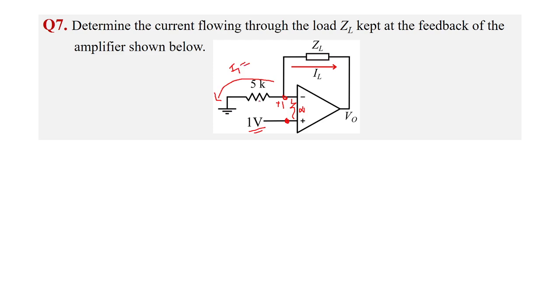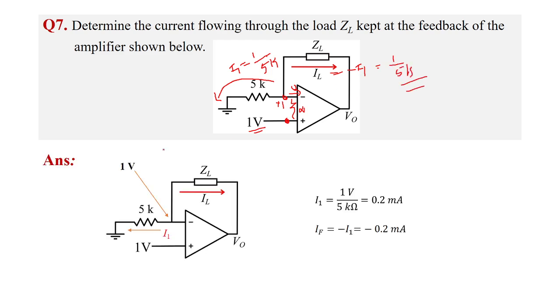The voltage across this resistance divided by the resistance, so 1 by 5k. This is I1. Since the current in this direction is 0, IL will be just the negative of I1, so minus I1. So it will be 1 by 5k. That is the current IL. That is what is given here: 1 by 5k is minus 0.2 milliamps. Okay, so this is the 7th question.